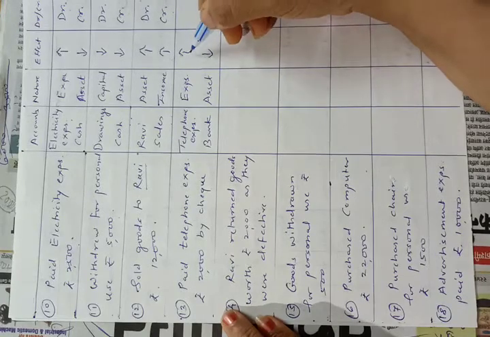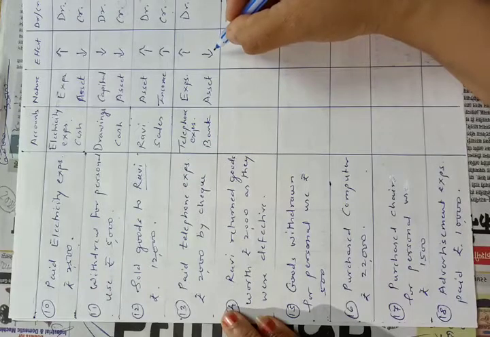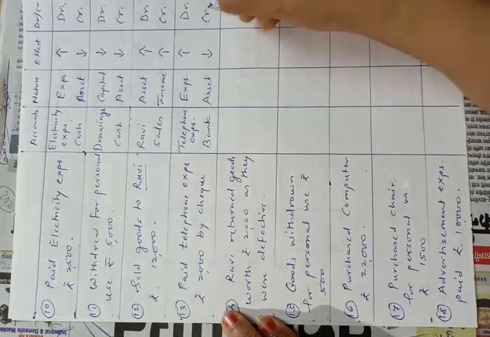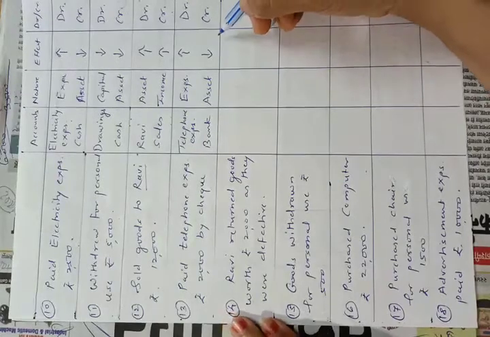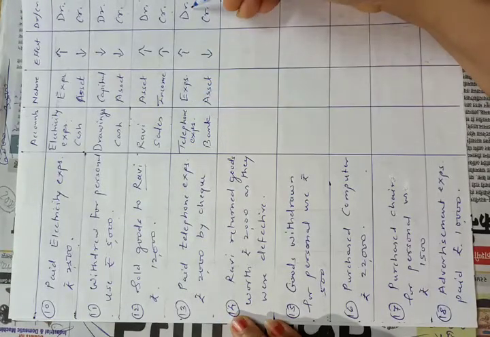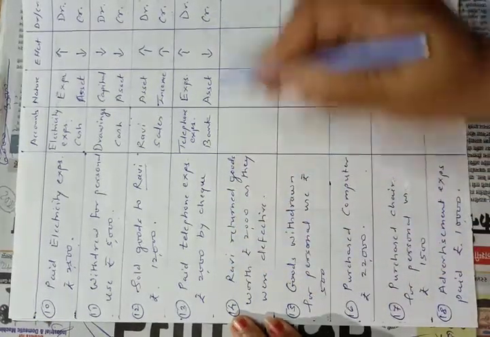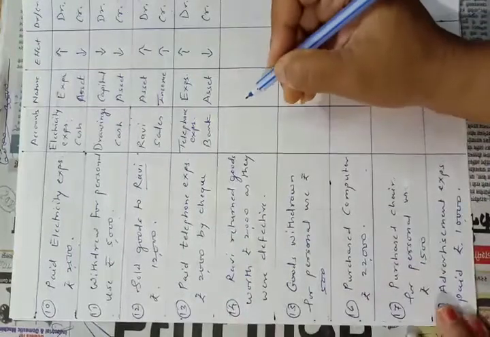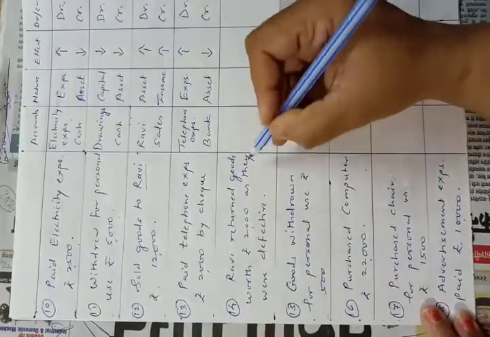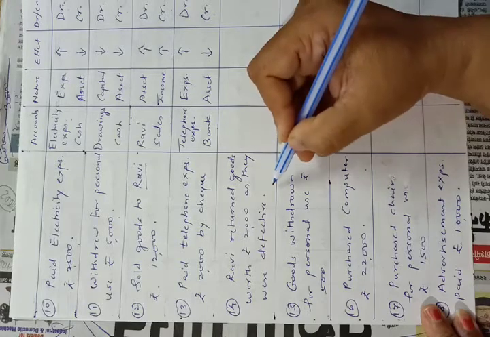When there is increase in expenses, account should be debited, and when there is decrease in asset, account will be credited. So in this transaction, telephone expenses account will be debited by rupees 2,000 and bank account will be credited by rupees 2,000. Next entry now. Ravi returned goods worth rupees 2,000 as they were defective.